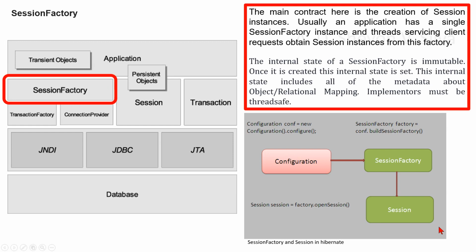The first level cache belongs to the session object. We can have multiple sessions for a SessionFactory. We can get a session object using the SessionFactory reference, as here.